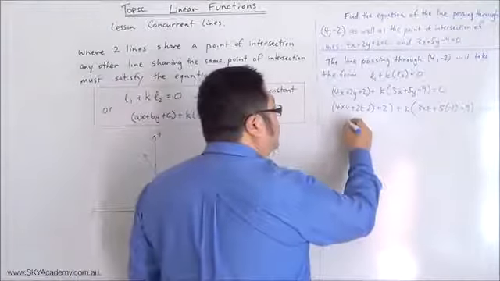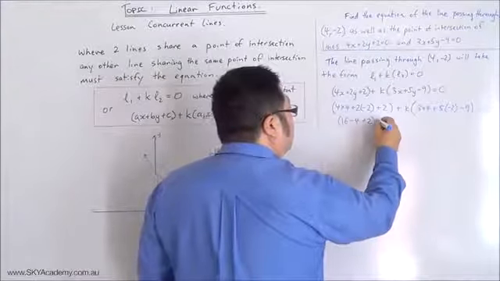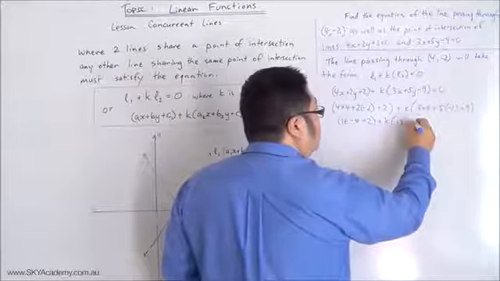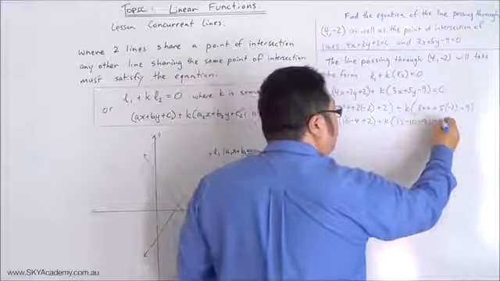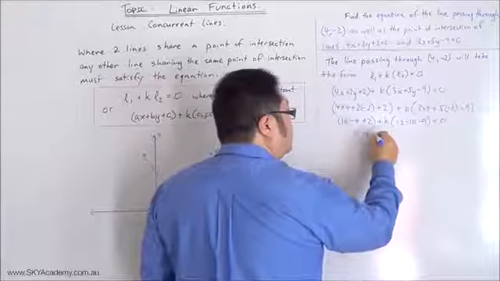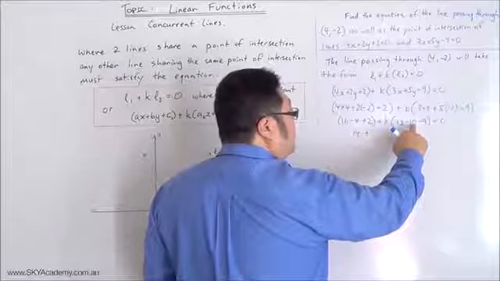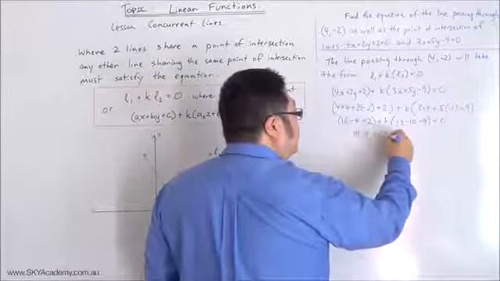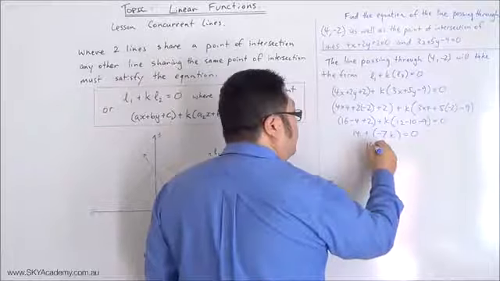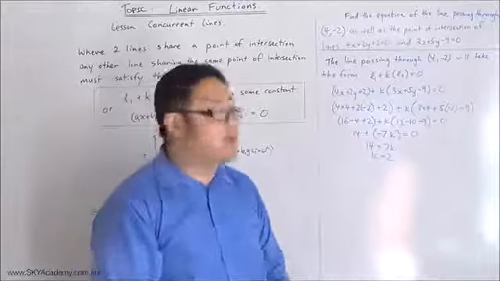This we work out: 16 minus 4 plus 2, plus k lots of 12 minus 10 minus 9 equals 0. This will equal 14 plus k lots of 2 minus 9, so minus 7k equals 0. Which means 14 is equal to 7k, k is equal to 2. Does that make sense?